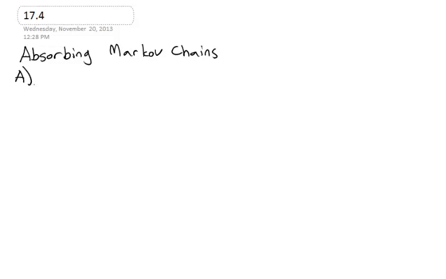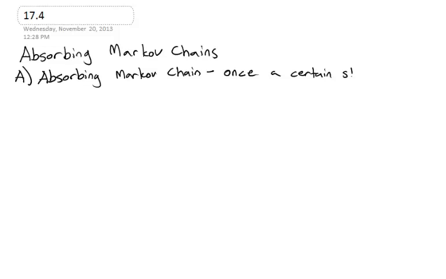And a quick definition of what we mean by an absorbing Markov chain is once a certain state is reached, it is impossible to leave that state.